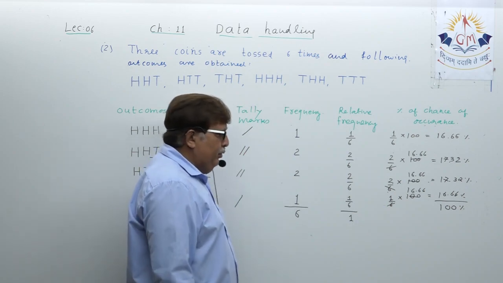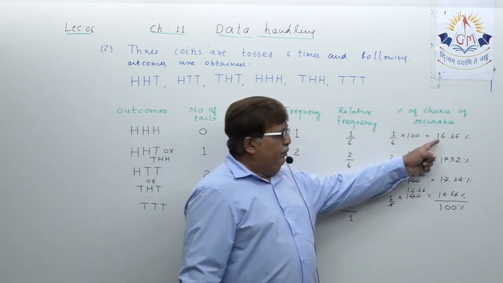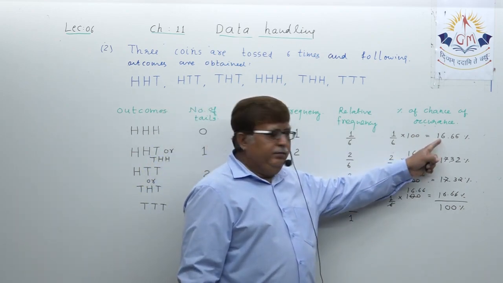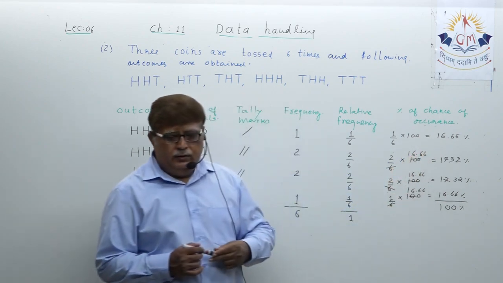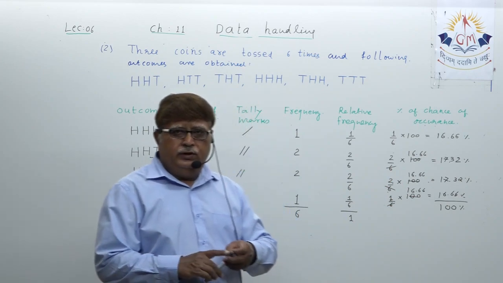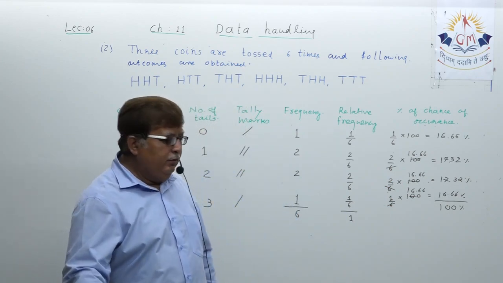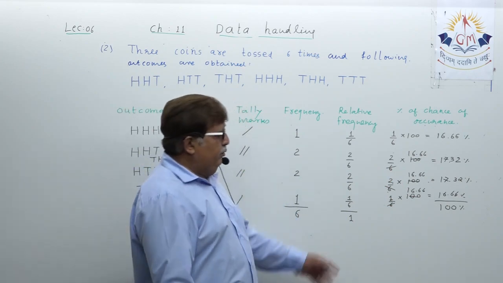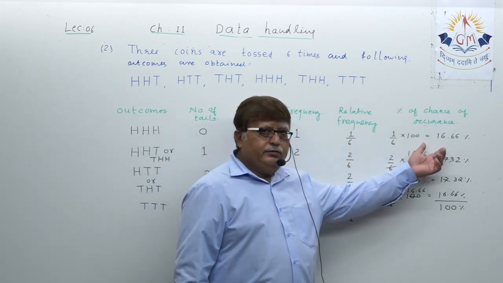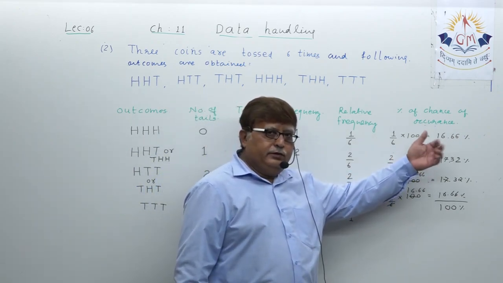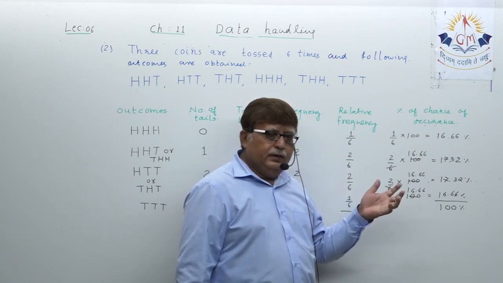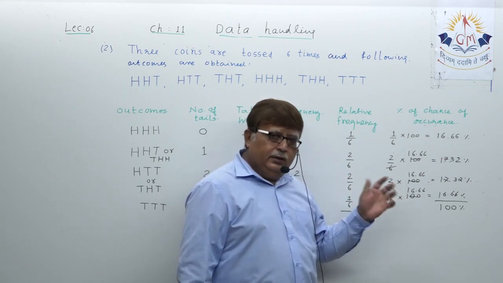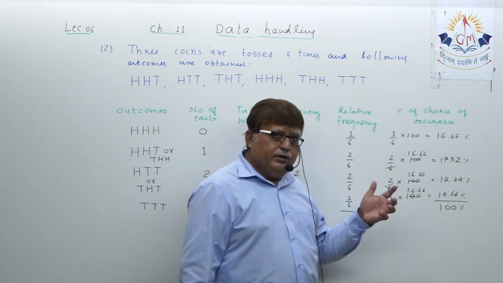Understand? It may happen here that when you divide 100 by 6, you are not getting a terminating decimal. As I just now told you, 16.6666 is going to carry. It is not going to end. It is going to reoccur.